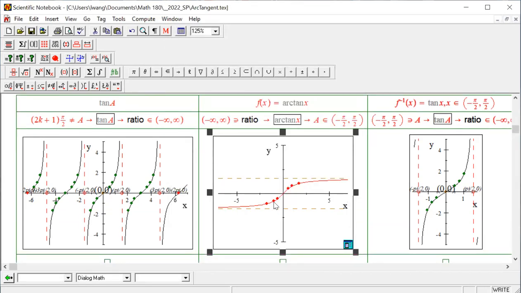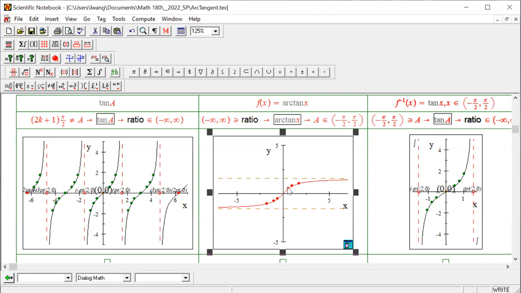So if you can mark all of those points, this point is -√3, -π/3. This is -1, -π/4. And that one is -√3/3, -π/6.